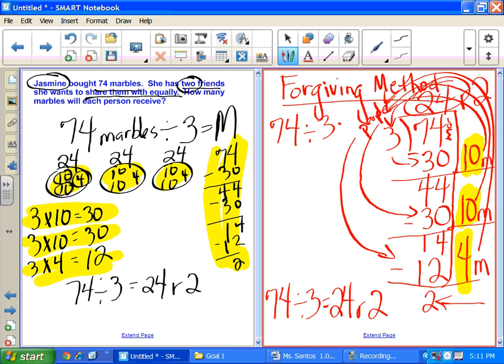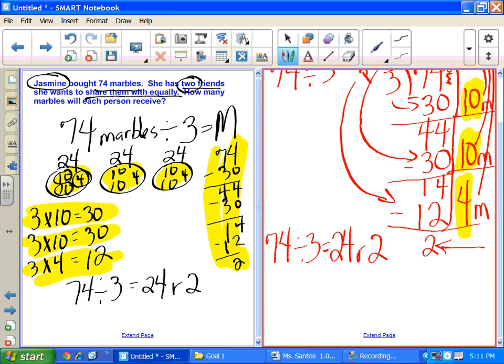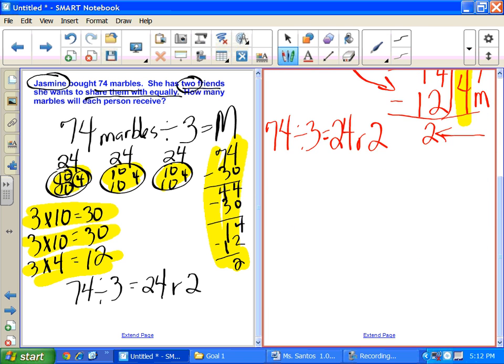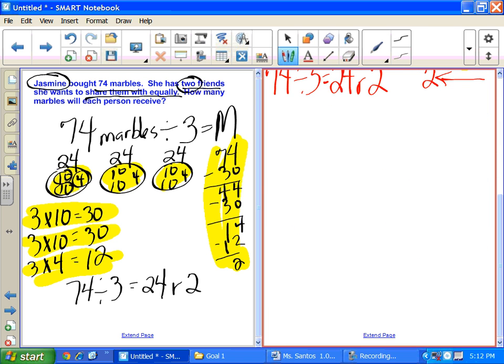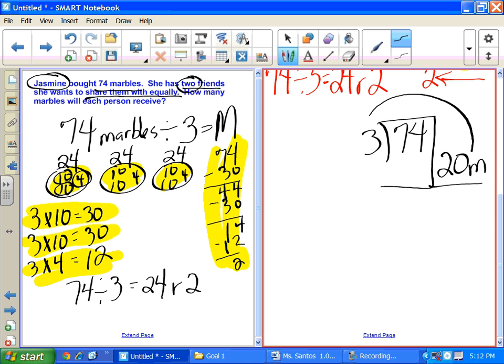So let's take a look and see if we could use different numbers than 10, 10, and 4. Let me extend the page here. So let's say we're still going to do 74 divided by 3. But what if you noticed and said, wait a minute, if I know 3 times 10 is 30, then what if I gave 20 marbles to each of the 3 people?